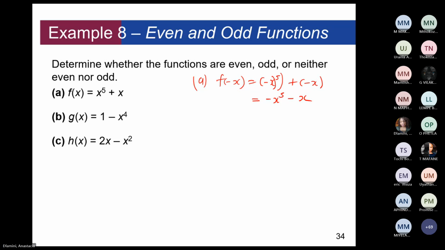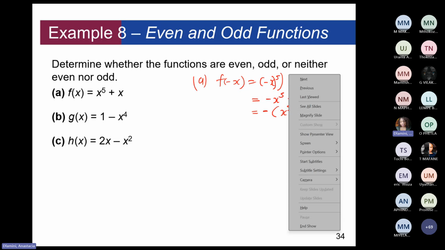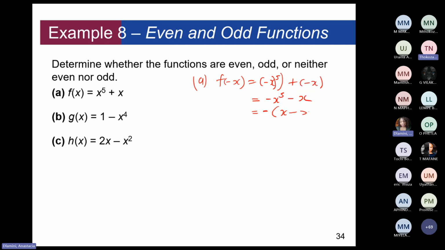The common factor. So you take the negative 1 outside, and you're left with x to the power 5 plus x. So we can see this is minus f of x, and according to the rule, we say that is an odd function.